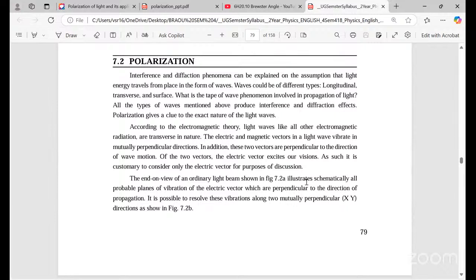The electric and magnetic vectors in a light wave vibrate in mutually perpendicular directions. In addition, the two vectors are perpendicular to the direction of the wave motion, and the electric vector executes vibrations, so only the electric vector may be considered for the purpose of the discussion.